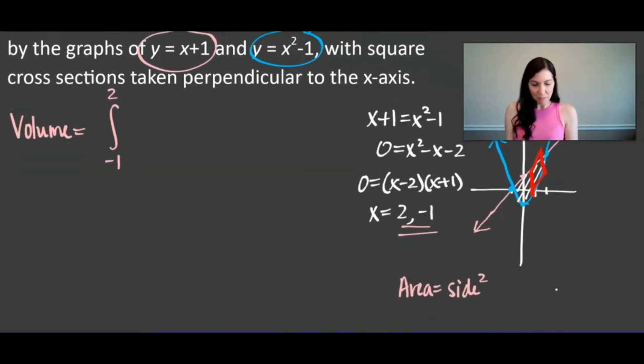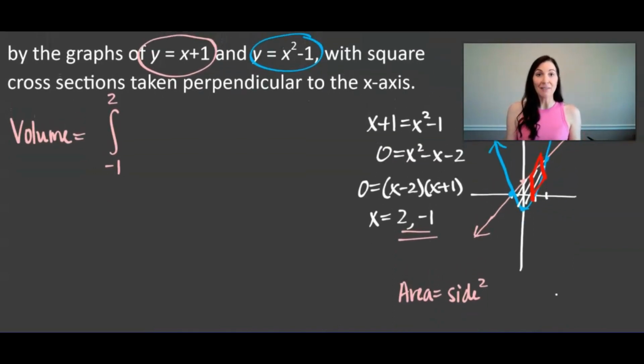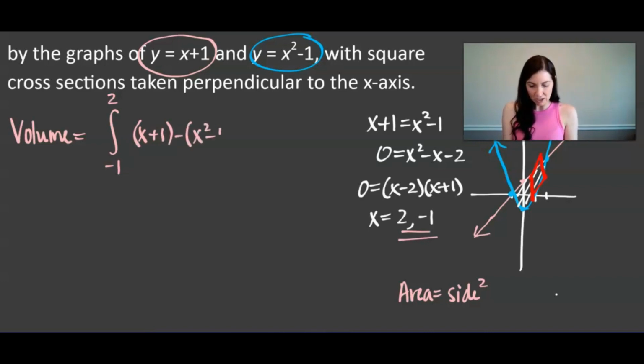And that's going to be one of the sides. So once again, let me write that out. So it'd be x plus 1, the linear function, minus the quadratic function, x squared minus 1. That's going to be one side of the red square.